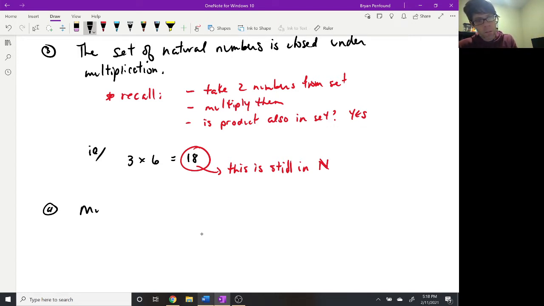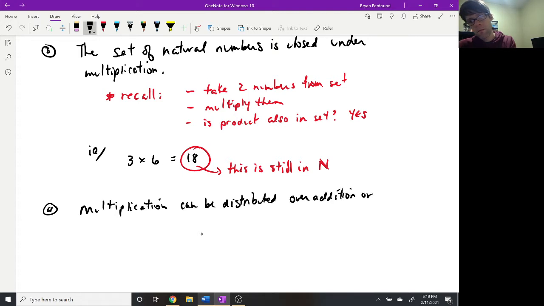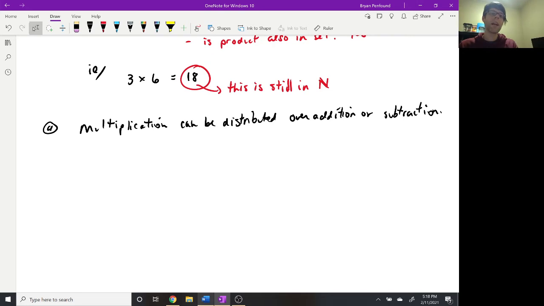And the property is that multiplication can be distributed over addition and subtraction. So I'll show you what I mean algebraically first, and then I'll show you some examples.